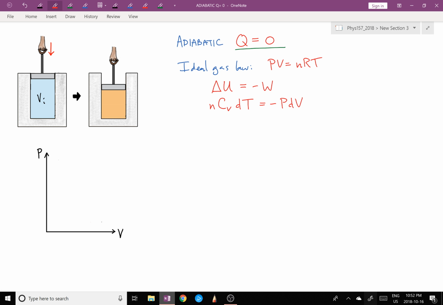Okay. And so now this is a relationship between the temperature change and the volume change. It also has the pressure there, but what I'm going to do is use the ideal gas law to eliminate that. So P is equal to nRT over V. If I make that substitution, then I have an equation that just involves T and V. So let's do that.